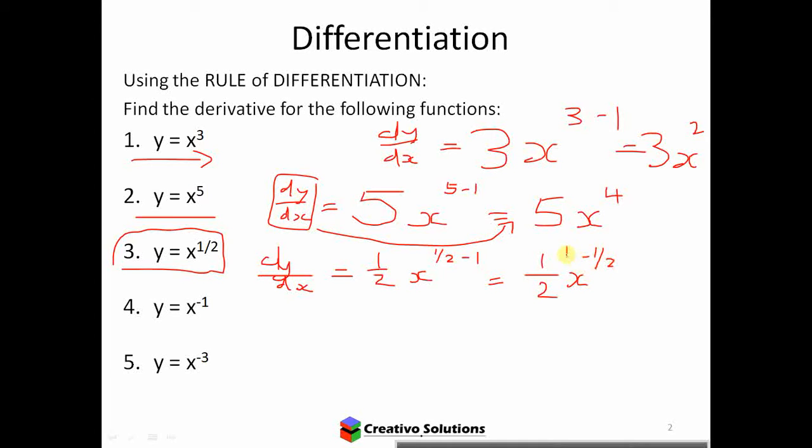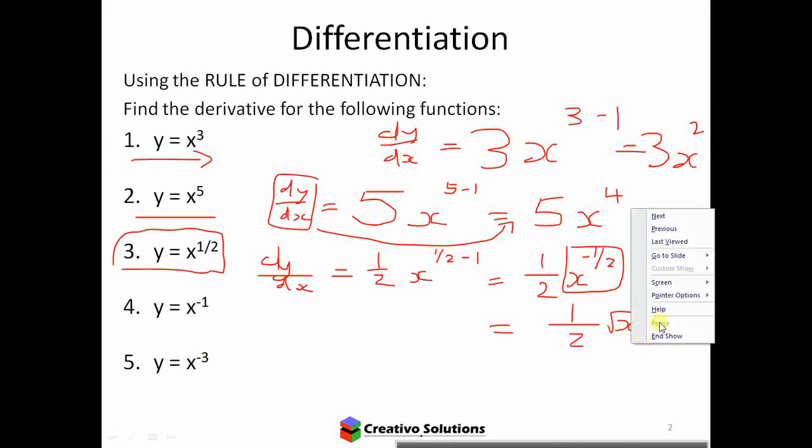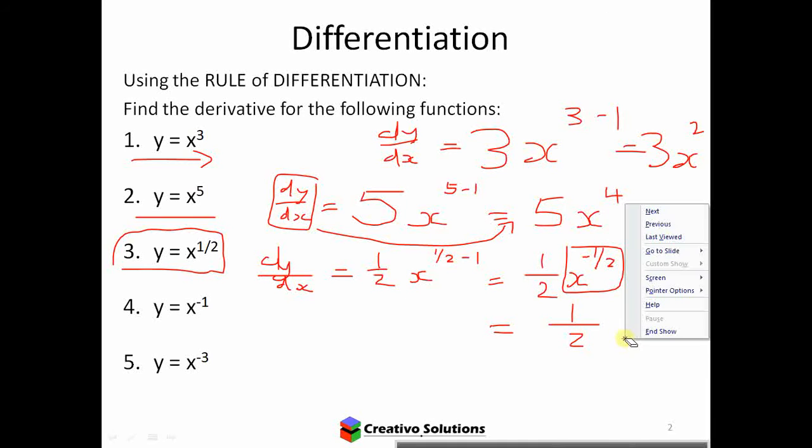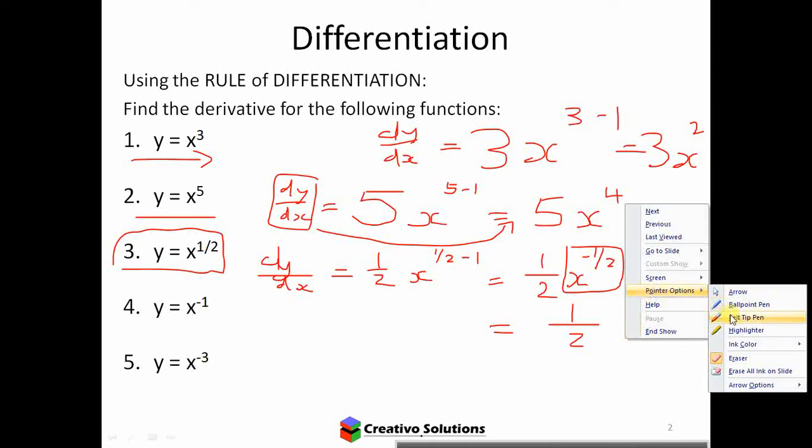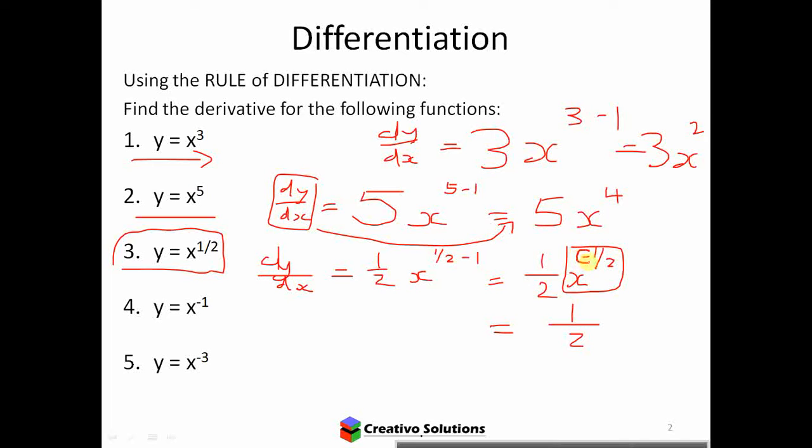Okay, when you have minus a half, this is written like this. But it actually should be at the bottom, not the top. It should be here, because negative means in the denominator.